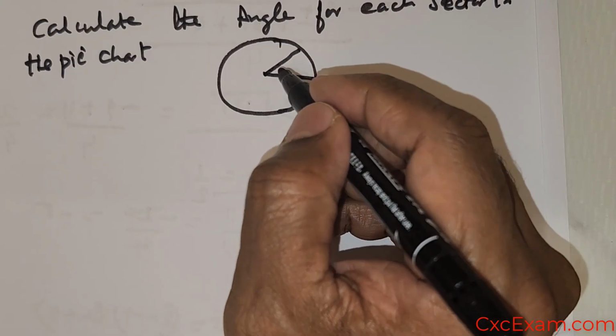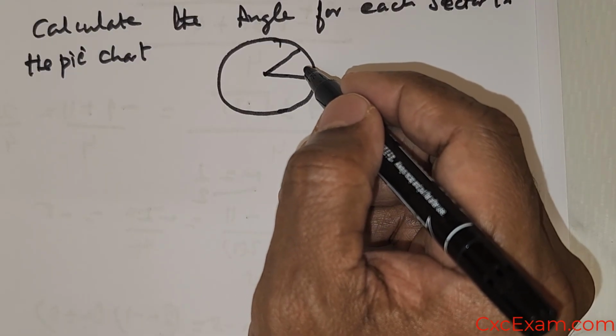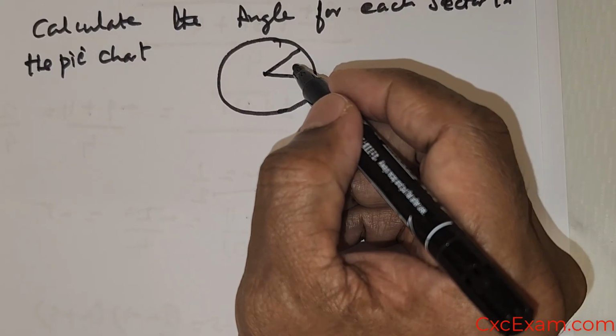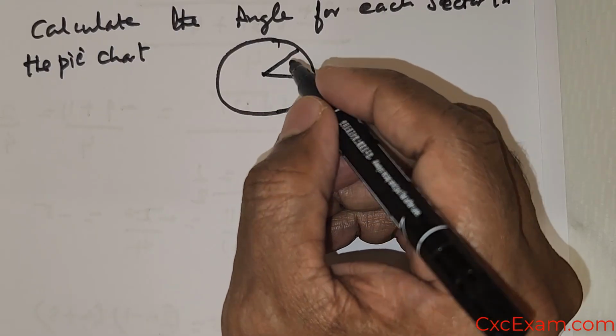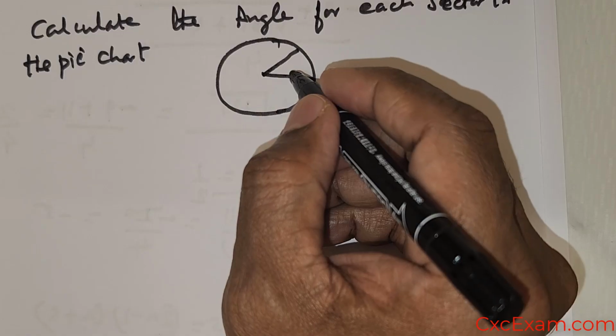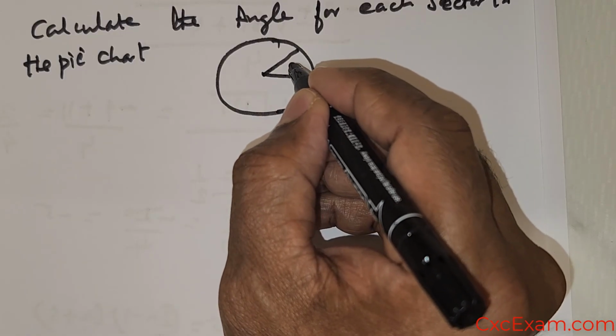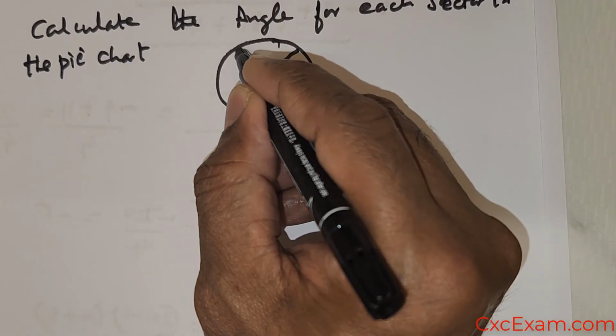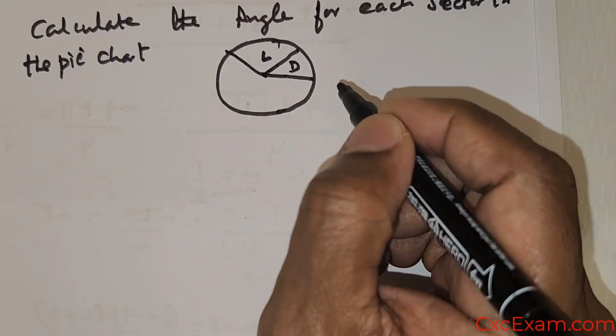For example, lawyers are 240 students, quite a sum, but the smallest is doctors, 105 students. If this is doctors, definitely lawyers would be this, right?